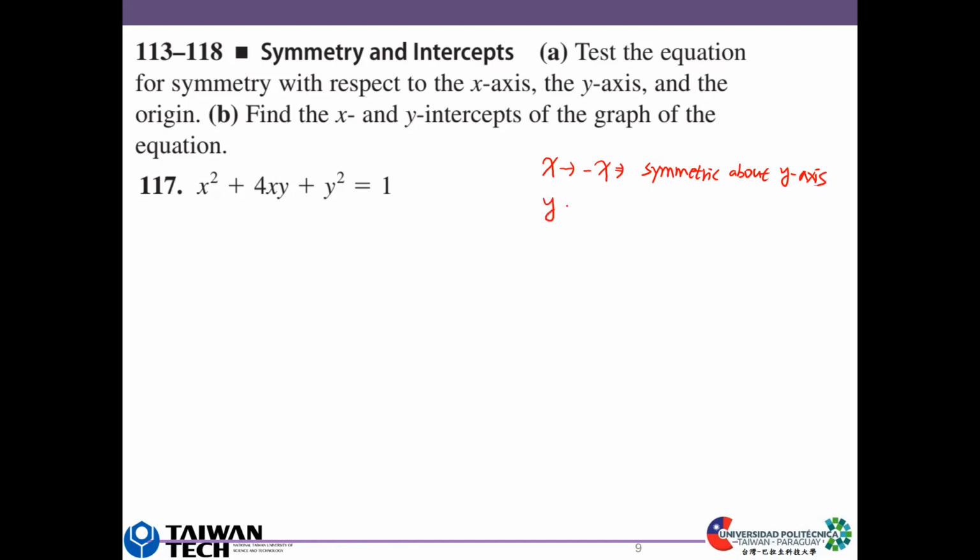And if we replace y with minus y and the equation is unchanged, it means it is symmetric about the x-axis. And when we replace x with minus x and y with minus y, and we figure out the equation is unchanged, it's symmetric about the origin.